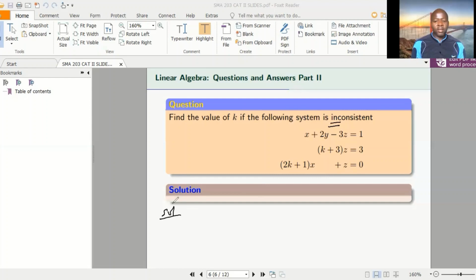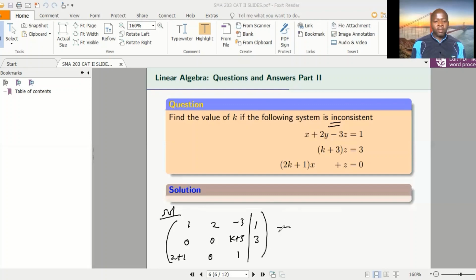Supposing we had the augmented matrix for this system, it would be 1, 2, negative 3, 1, and this would be 0, 0, K plus 3, and this is 3, and this will be 2K plus 1, and here it will be 0, here it will be 1. So this is what the augmented matrix would look like.